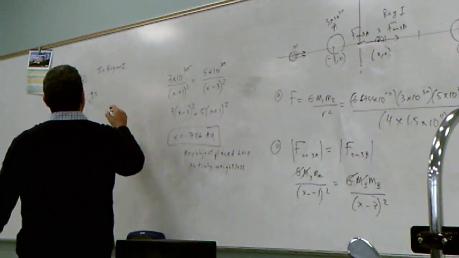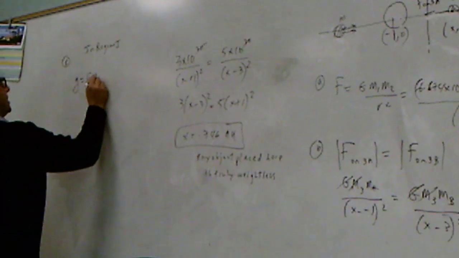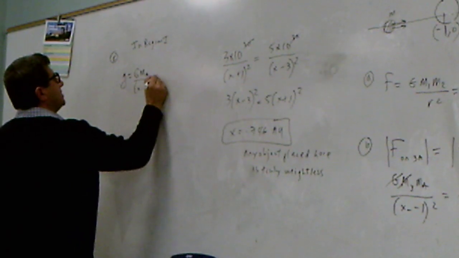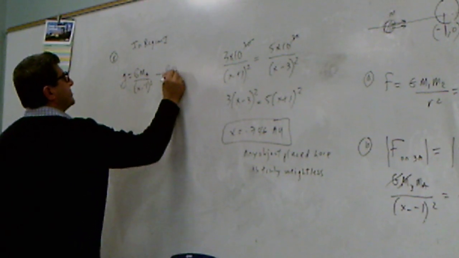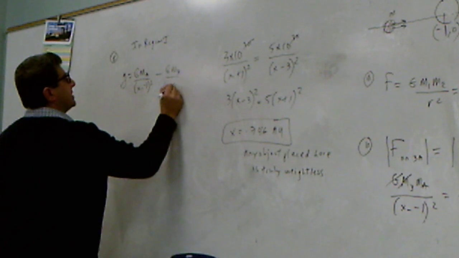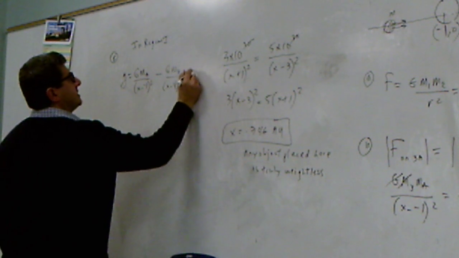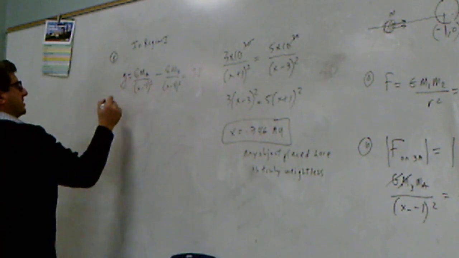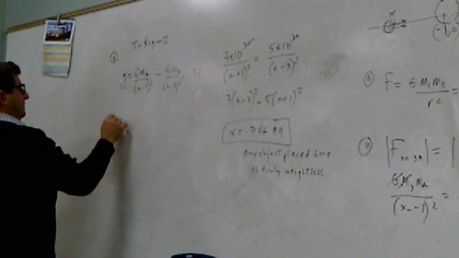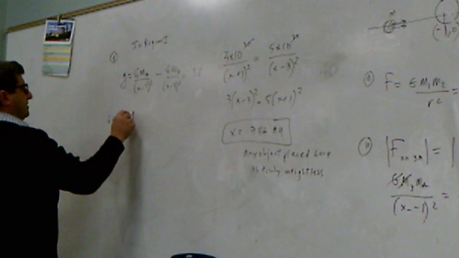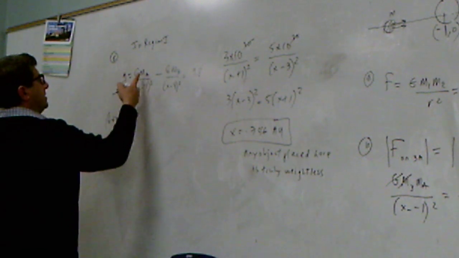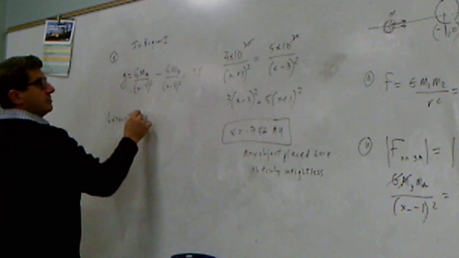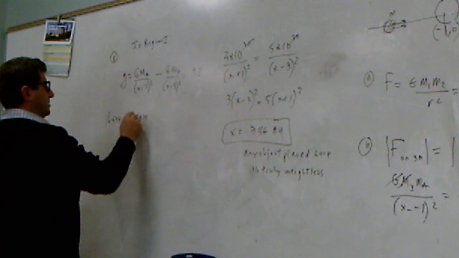So you have G mass of star A over x minus -1 squared, minus G mass of star B over x minus 3 squared. And that's equal to 9.8. And so you have G is 6.674 times 10 to the minus 11. And then mass of star A, 3 times 10 to the 30th.